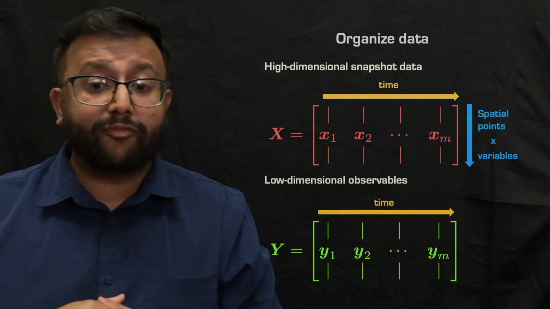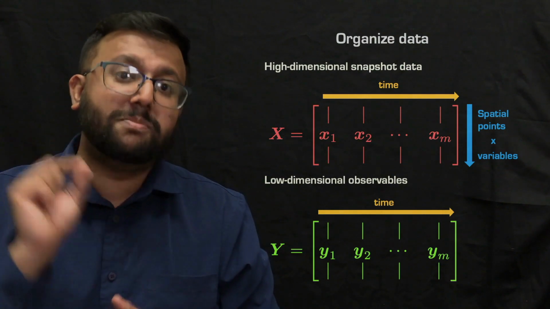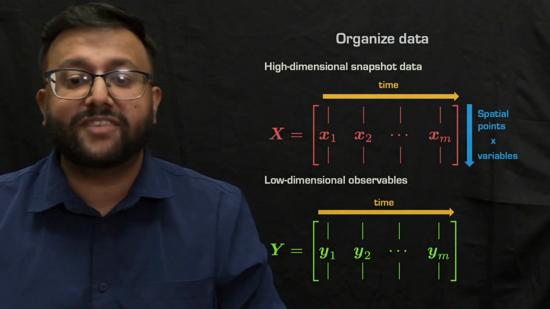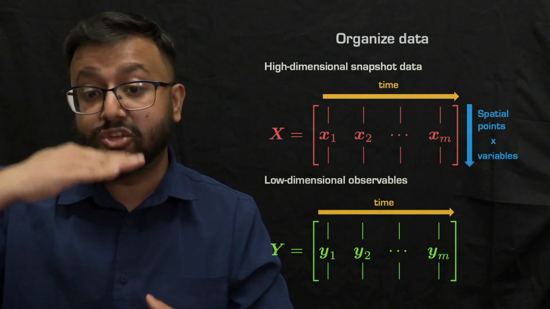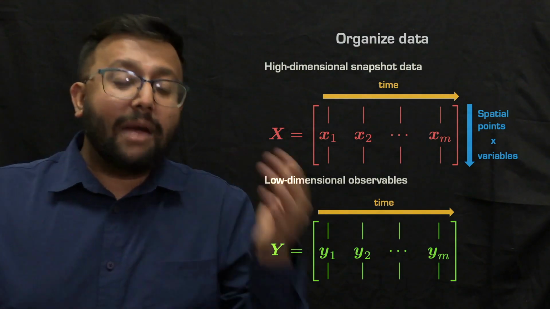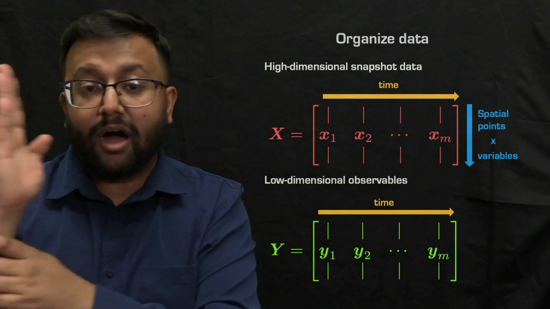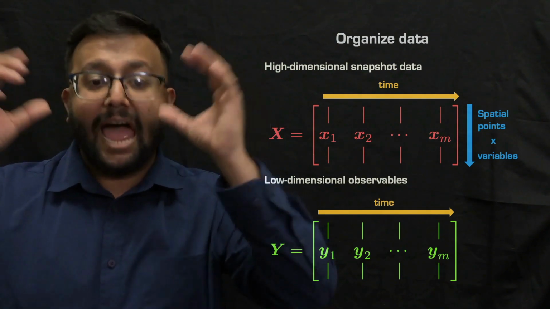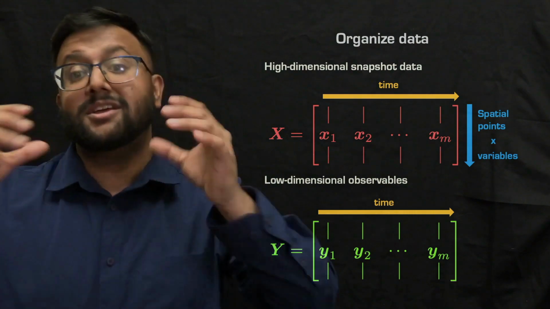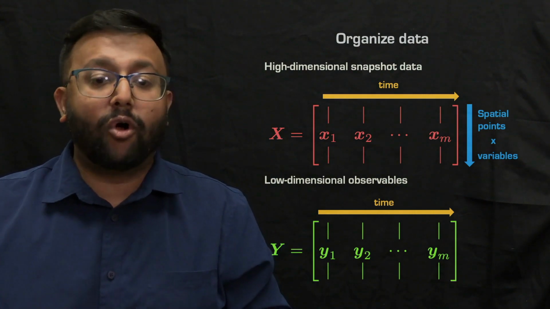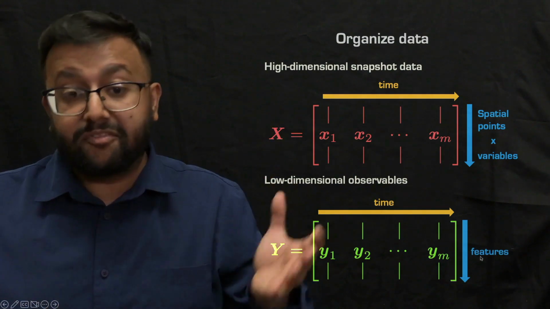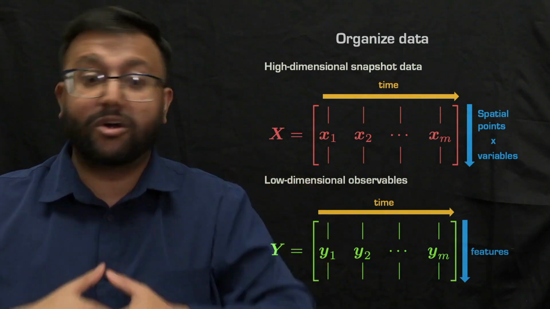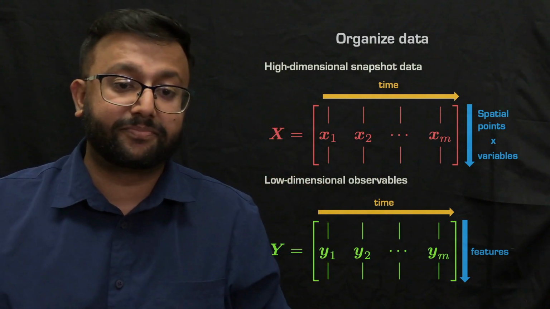Each row of Y denotes a particular measurement or an observable, and if you have multiple measurements, which we are calling features, you can stack them as rows. So I want to note again that for X the columns are time and the rows are spatial points and then different variables with the spatial points, and for Y the columns are time, but the rows are different features or different measurements that you collected.